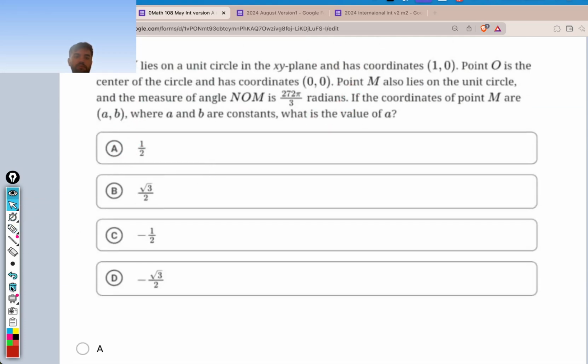17. For 17, if you remember, it's a unit circle question. It's also asked in May. Maybe you can see also it in June. Okay, something like this.